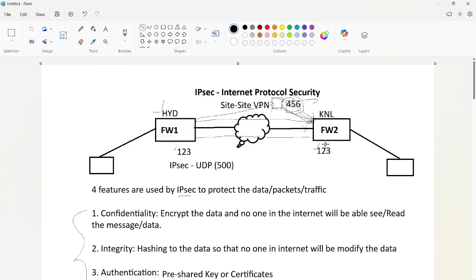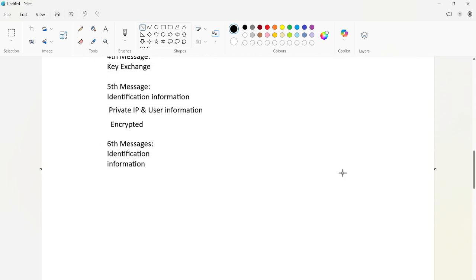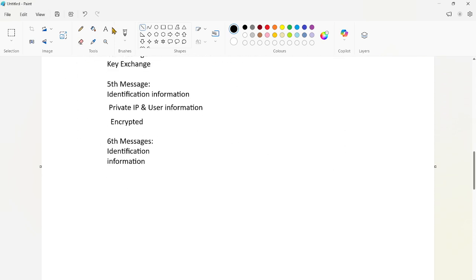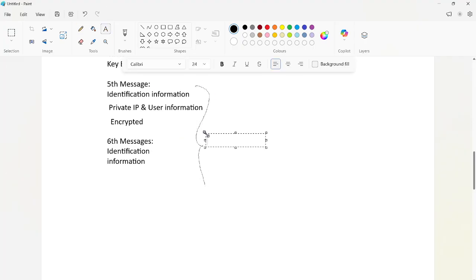The Hyderabad firewall wants to know exactly what the local subnets of firewall 2 are. That's the reason we are sharing. Whenever we are sharing, this information will be in encrypted format. So here the fifth and sixth messages are in the form of encryption.